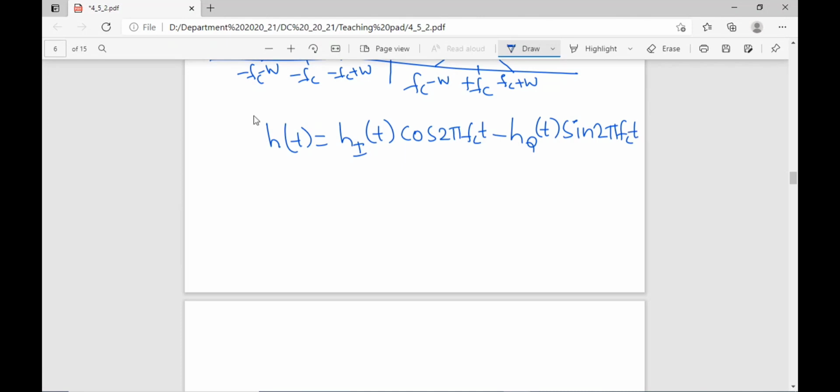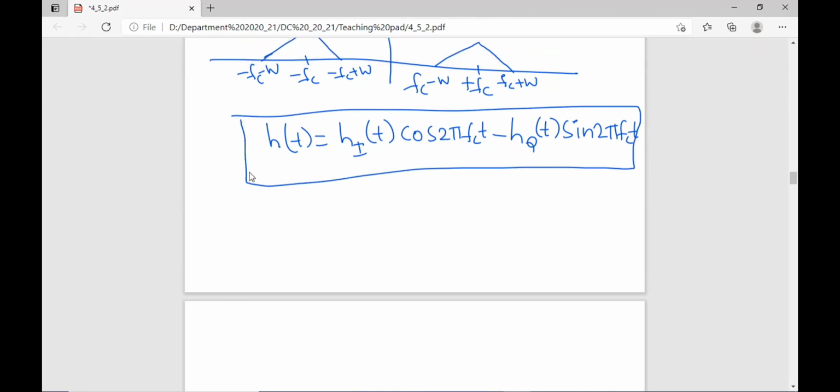Why am I writing this? Since it is a bandpass system, I can represent it in the canonical form. In the previous class we have seen how to get the canonical form of the signal. In the same way, the canonical representation of the bandpass system can be written in this way. So you already know what H tilde of t is.